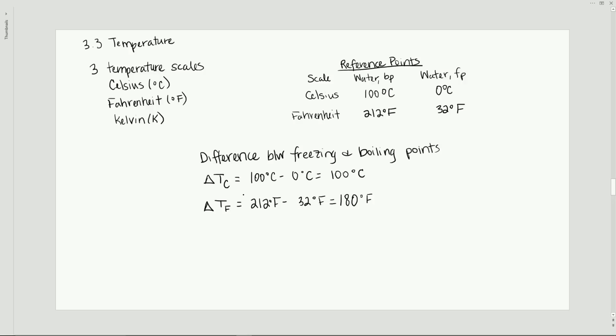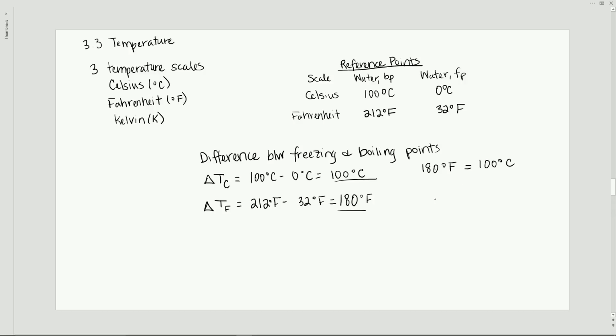If we take a look at the difference between the freezing point and the boiling point of water for each temperature scale, for Celsius there's a difference of 100 degrees Celsius, and for Fahrenheit there's a difference of 180 degrees Fahrenheit. So that means 180 degrees Fahrenheit is equal to 100 degrees Celsius, because they're both the difference between the boiling point and the freezing point of water.